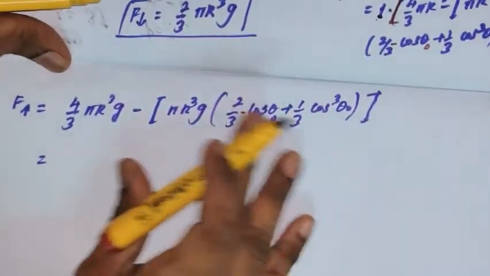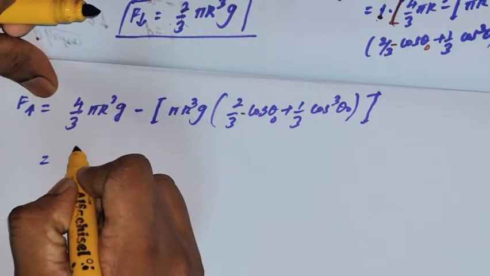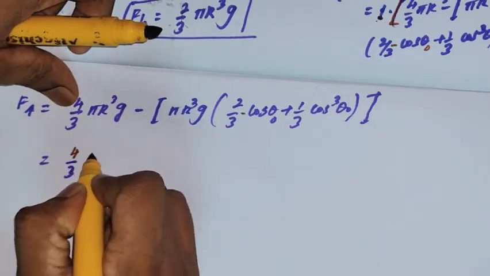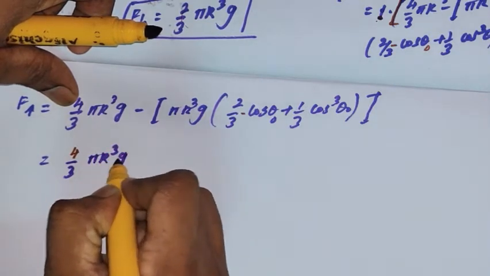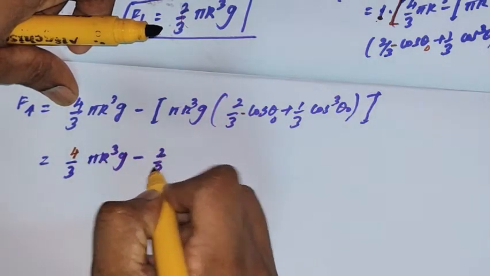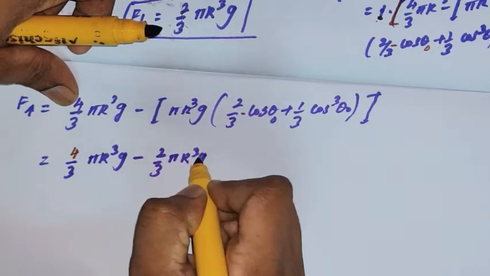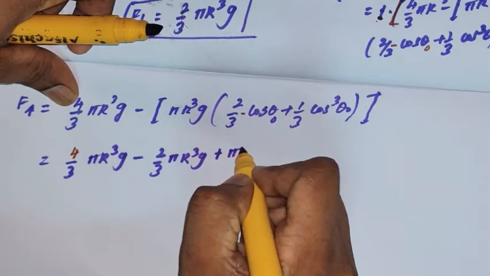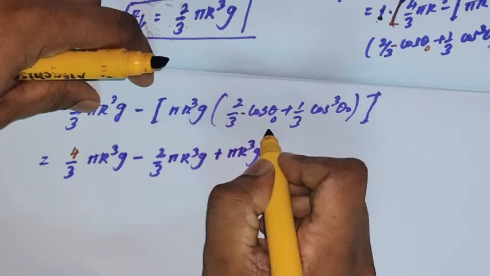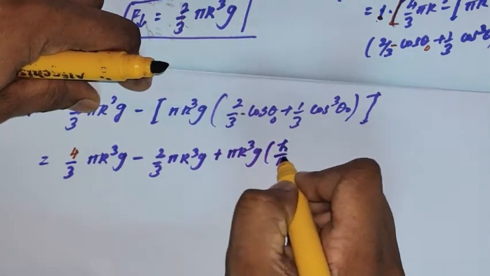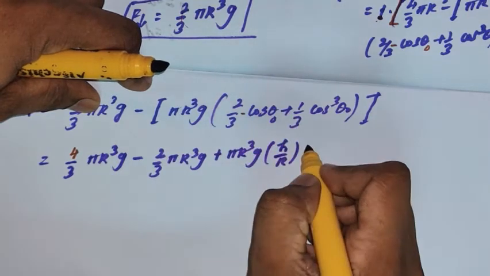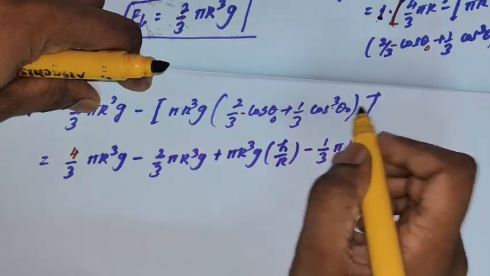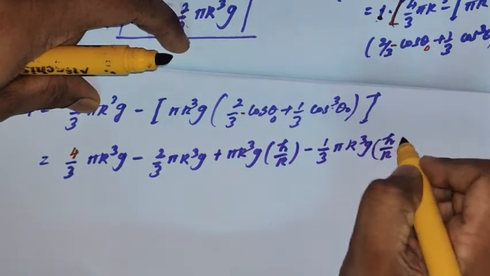So we are going to substitute here the upward force acting on the cork, that should be equal to 4 by 3 pi r cube g minus 2 by 3 pi r cube g. Here outside is minus, if you multiply it's plus pi r cube g cos theta naught, we know it's h by r. If you multiply here it is minus 1 by 3 pi r cube g cos cube theta naught, that is equal to h by r whole cube.